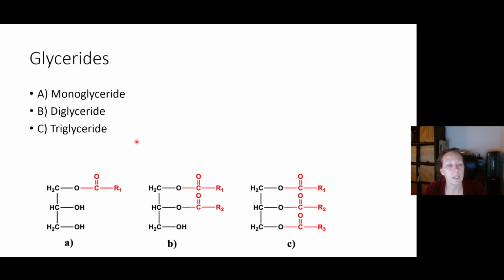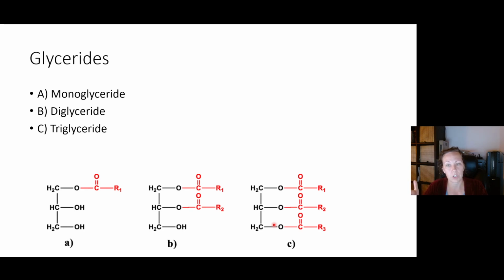Now, on the mono and diglycerides, you still have a hydroxyl group that is sitting there waiting. And that hydroxyl group still has that slightly negative charge. So this gives the mono and diglycerides special properties. They actually are somewhat soluble in water.